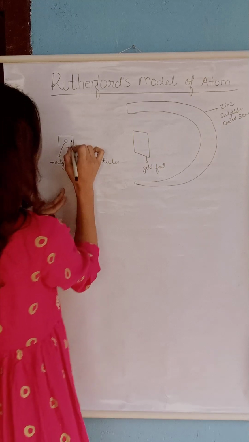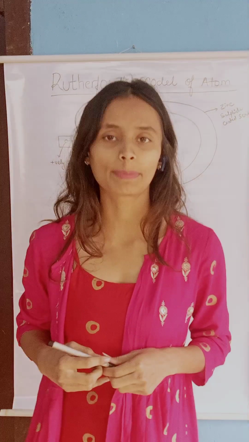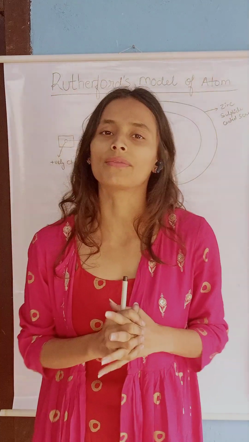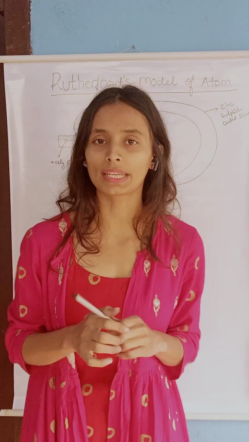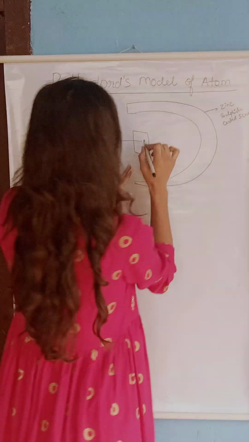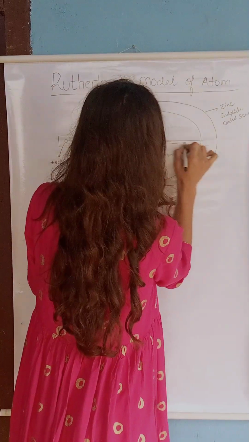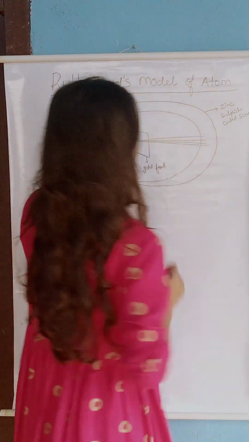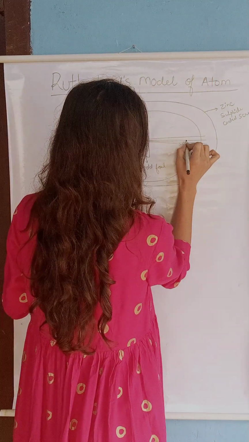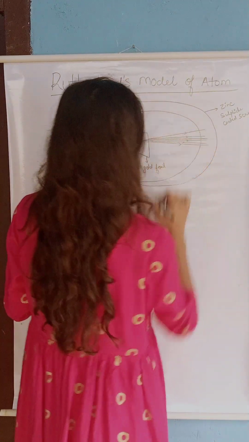When he started bombarding the alpha particles on the foil, he was expecting many deviations of the alpha particles, but the results were shocking. As he bombarded the alpha particles, he observed that the maximum number of alpha particles passed straight through the foil without any bending or deviation.